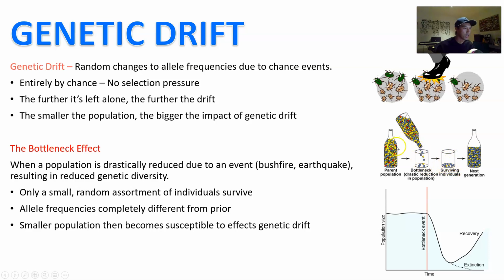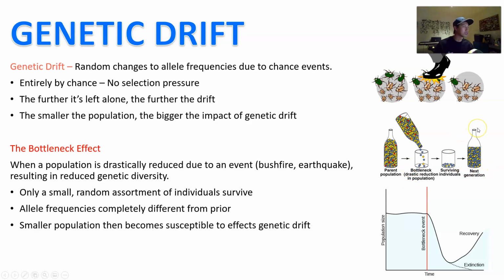And let's say, for example, in this case, with these marbles, rather than having yellow, blue, and red marbles, only the yellow and the blue survive. Then this next generation only has yellow and blue marbles, and the red marbles have not made it because of this drastic reduction in the population due to some sort of chance event.